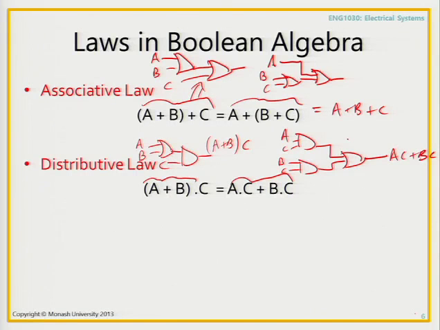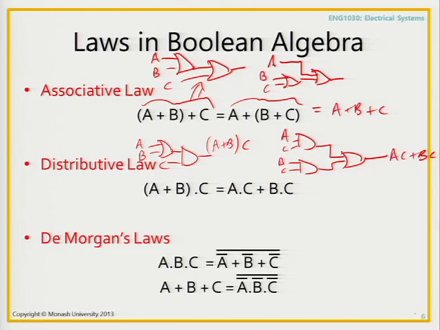If you look on the right, you need 3 gates. So if a gate costs 1 cent, you need 3 cents to construct this circuit on the right. So even though these two are equivalent, it's not necessarily obvious when you look at the functions. But Boolean algebra allows you to show that these are.